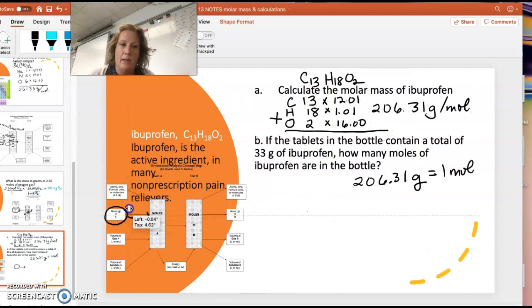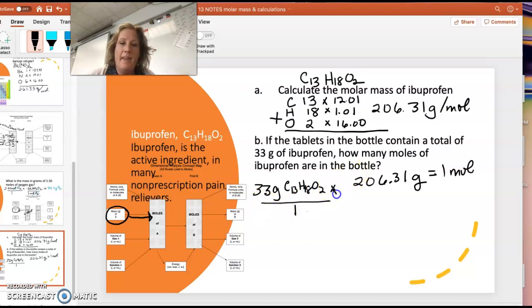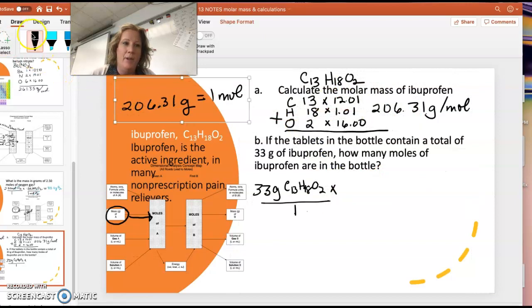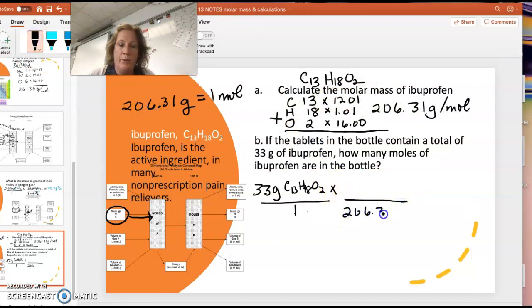Move this out of the way. So I would start with the 33 grams of ibuprofen, and I would always start with that beginning number over 1 or not. Then I'm going to use my molar mass now. So I'm going to grab it, get it out of the way, and I'm going to reuse it. I'm going to put the 206.31 grams of ibuprofen for every 1 mole of ibuprofen.